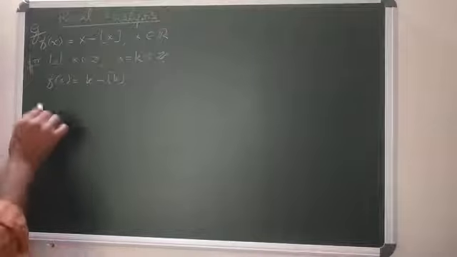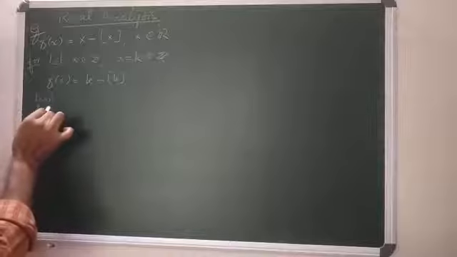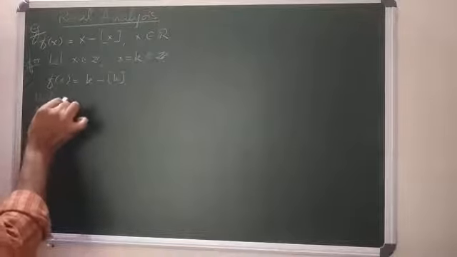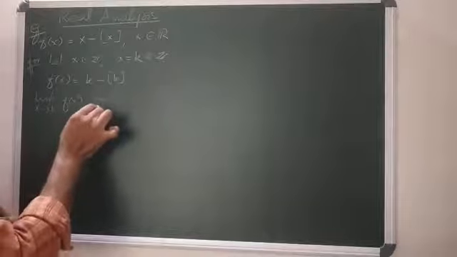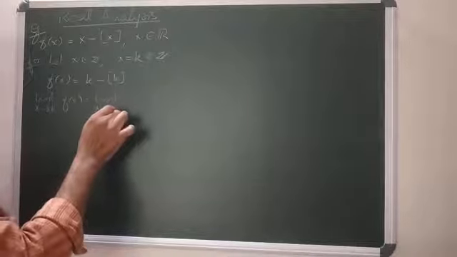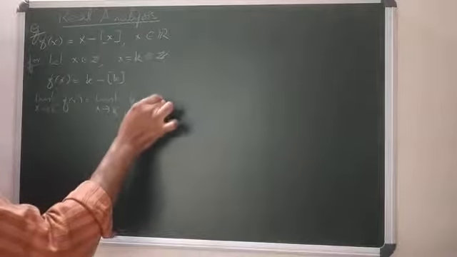Okay. Now, what about the limit as x tends to k minus of f of x? It equals the limit as x tends to k minus of k minus the greatest integer k.